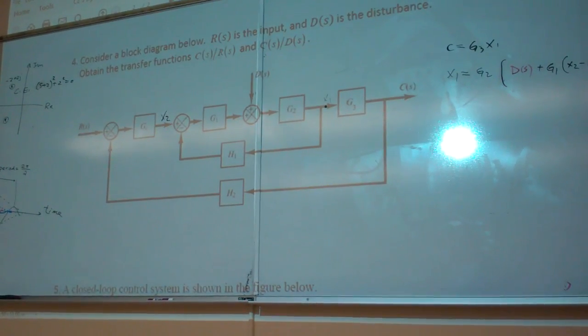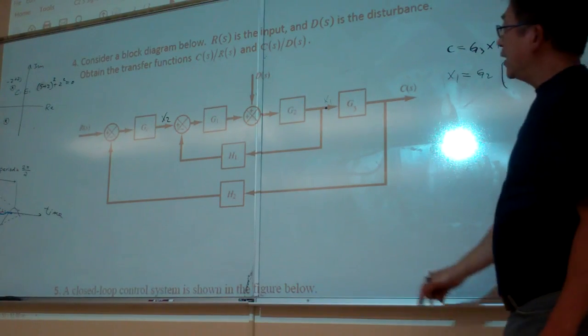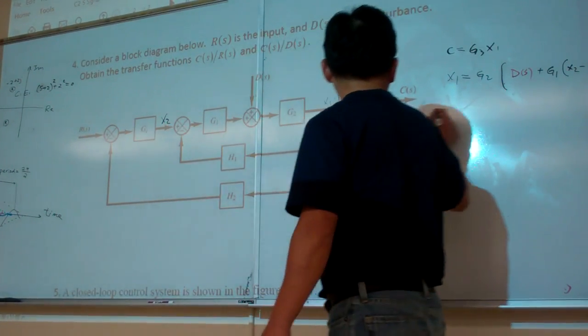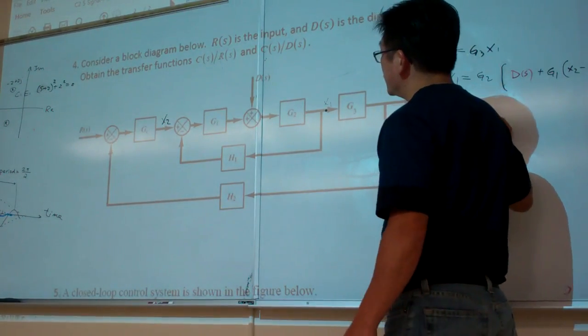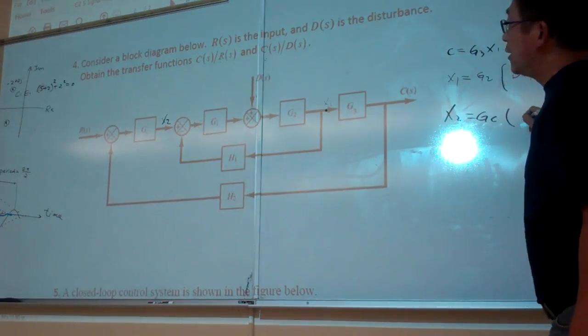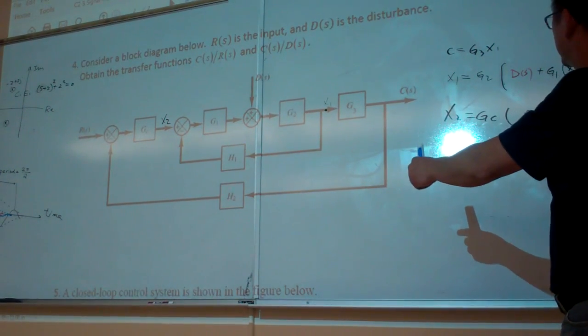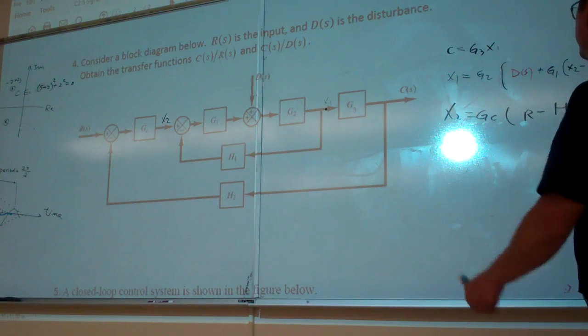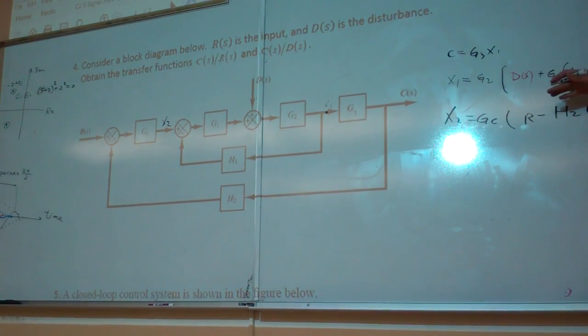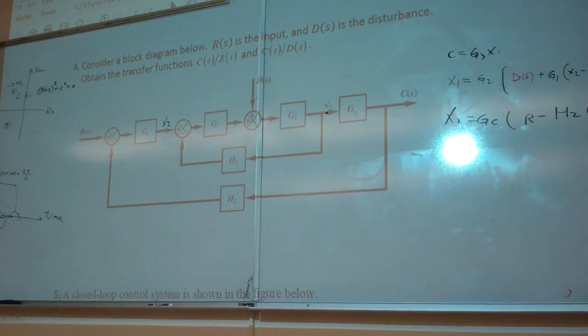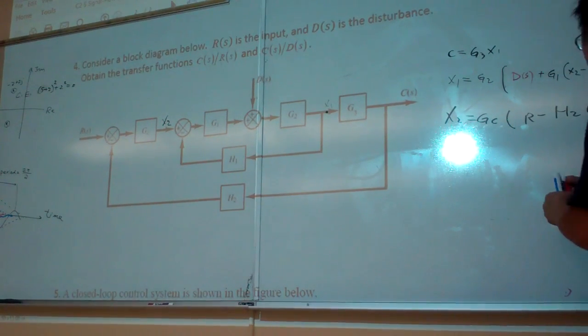Okay, we're good. And then we go to X2. So X2 will be equal to G2 times R minus the H2 times C. So you simply plug in this kind of tier-wise calculation, just do it. And here R is another input.